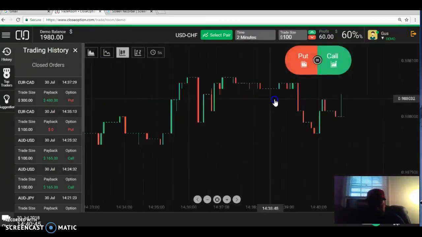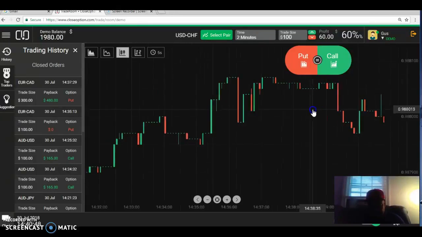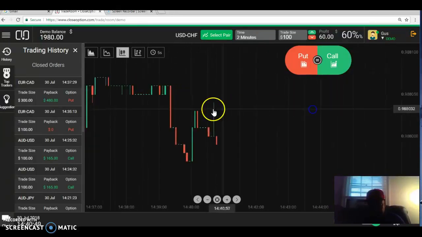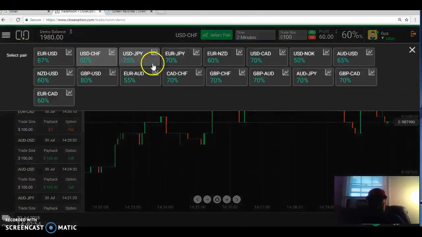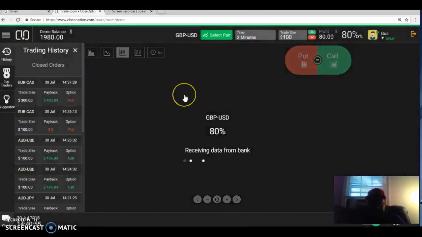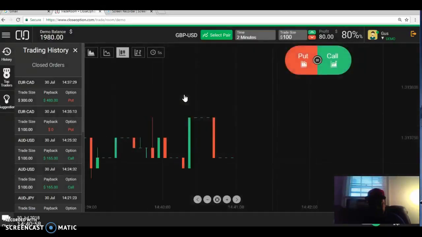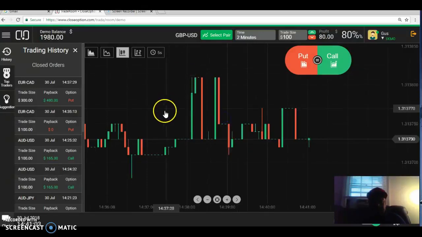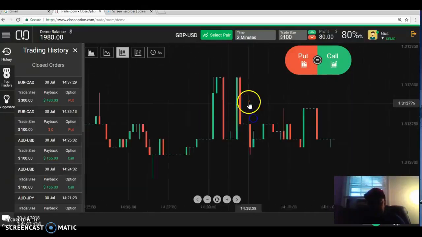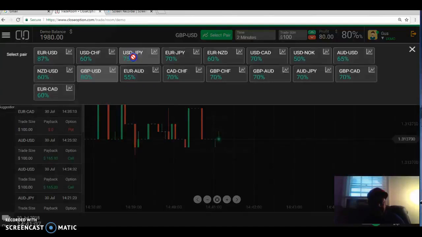Okay, we're looking. This is the U.S. dollar, Swiss franc. Not much happening there. Great British pound, US dollar. Not much going on there.